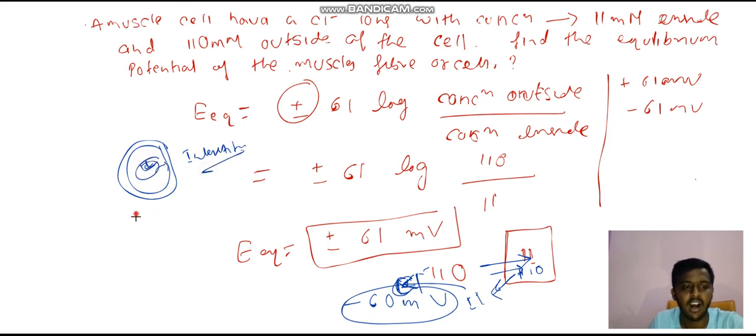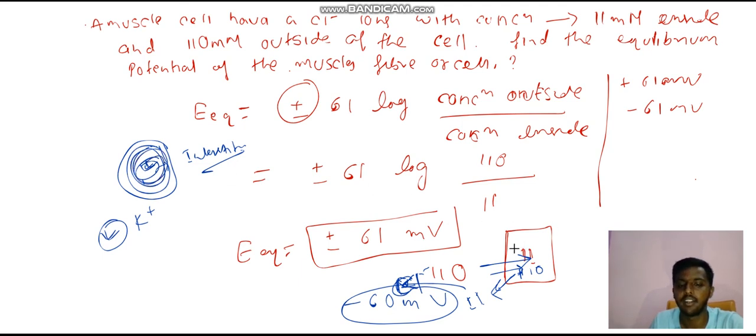Like I told you in hypokalemia and hyperkalemia, the concentration of potassium in the case of hypokalemia will be less inside, and in the case of hyperkalemia, the concentration of potassium will be more inside. So all the time we have to see the inner cell concentration.